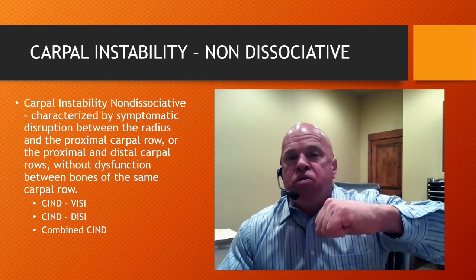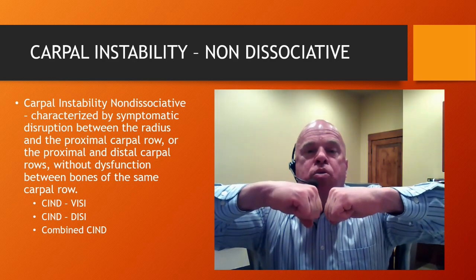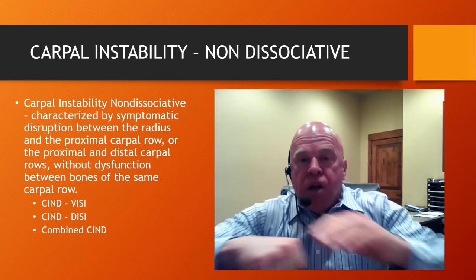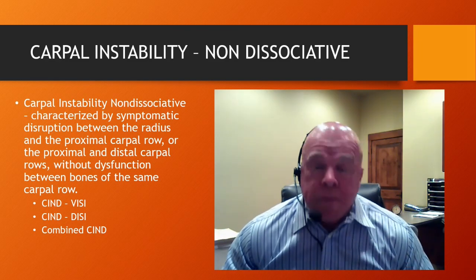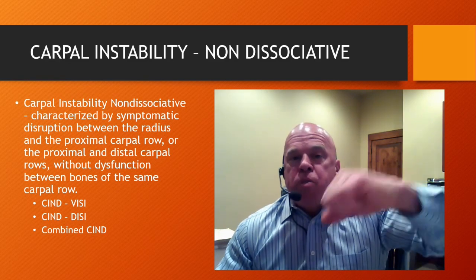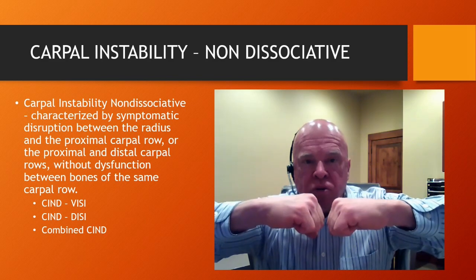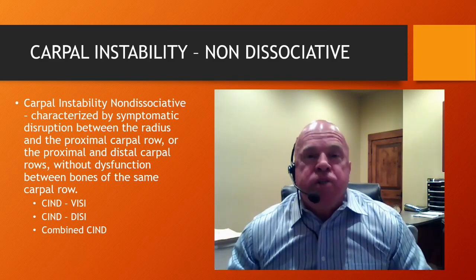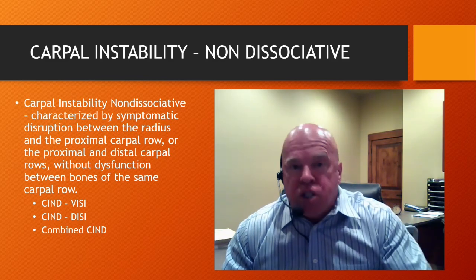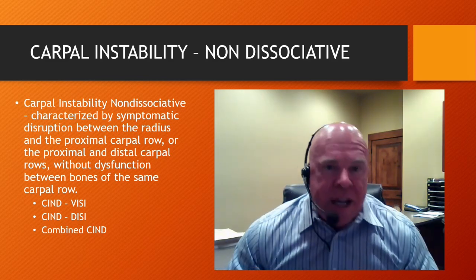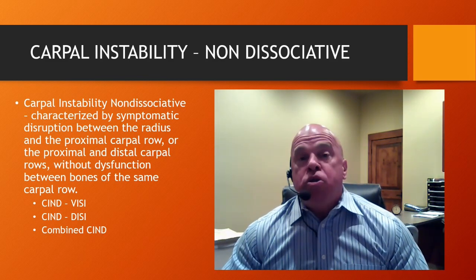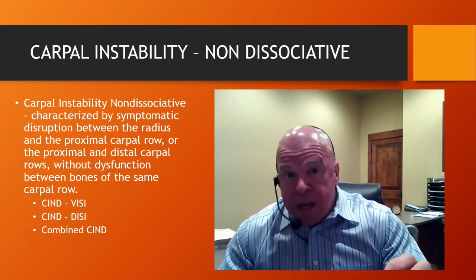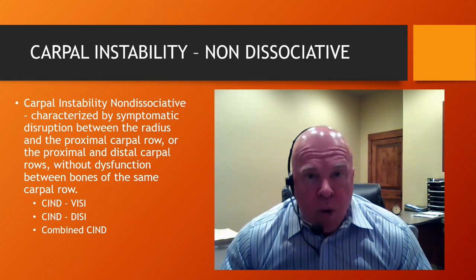Okay, so here's the distal radius and ulna, and here's the proximal row of carpal bones. That would involve a disruption between those articulations, or between the proximal carpal rows and the distal carpal rows with a dissociation there. So these are dissociations that span articulations, whereas the dissociative forms of carpal instability are within the bones of each carpal row.